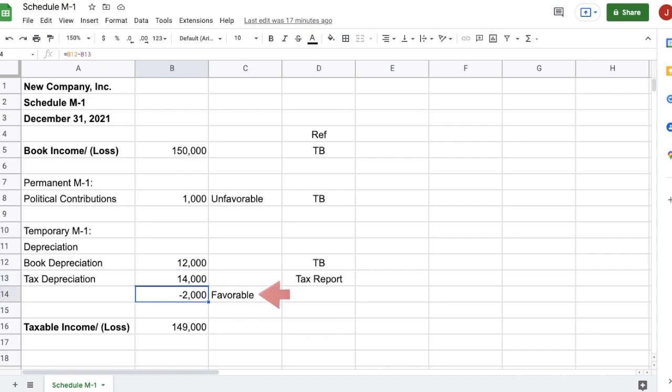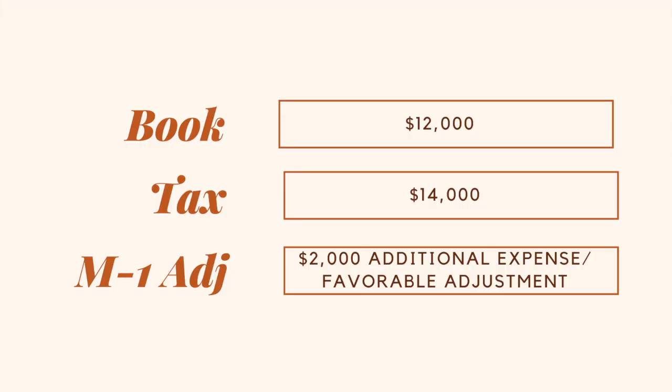How do we calculate this? Because we are looking at book as a starting point, we're actually going to use this formula here. We're going to take that book and we're going to subtract the tax depreciation. You can do this in multiple ways. Book is less than tax.